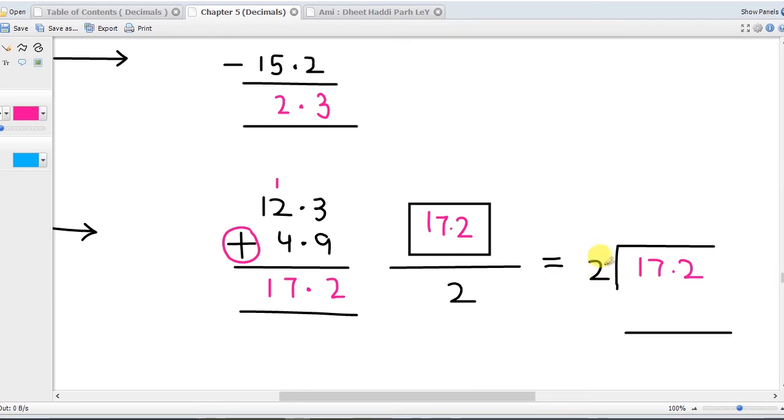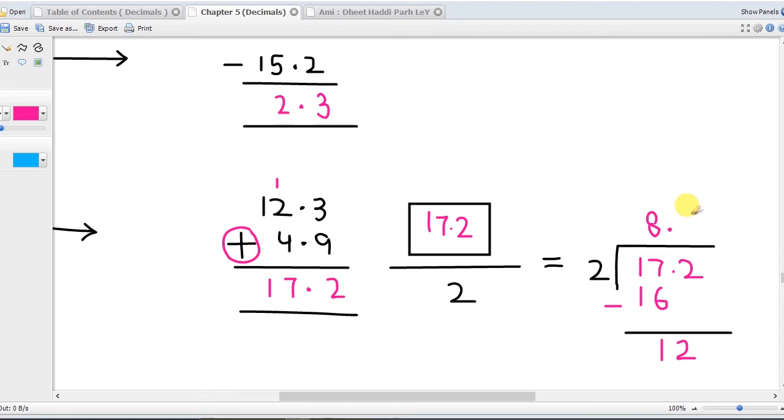Now start dividing it on a times table of 2. So 8 times 2 is 16. Simply take away, so the remainder we are getting here is 1. Now we have to shift the next digit down, but before that there is a decimal point, so also put a decimal point here. Now we are allowed to shift this 2 down, and there is no need to put a decimal point again, as we have already put it in our quotient.